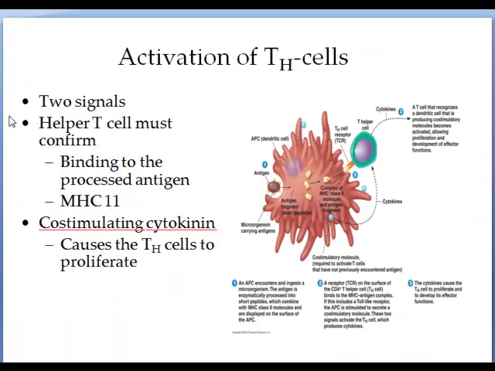Activation of T cells. Again, T cells are the cytotoxic cells, and they will be activated by two signals. One is a helper T cell must confirm binding to the processed antigen.